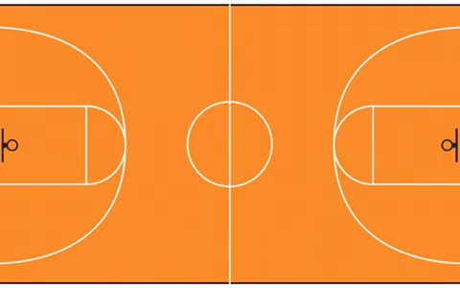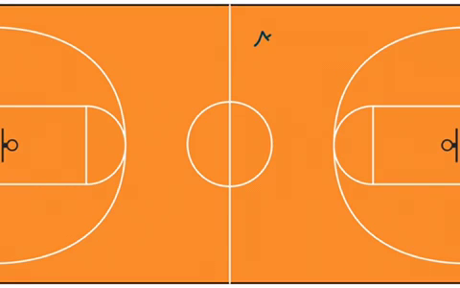Okay, in your setup, you can either split the class into pairs, or they can function individually. They do that on one side of the court. The other side of the court, you set up your gauntlet.